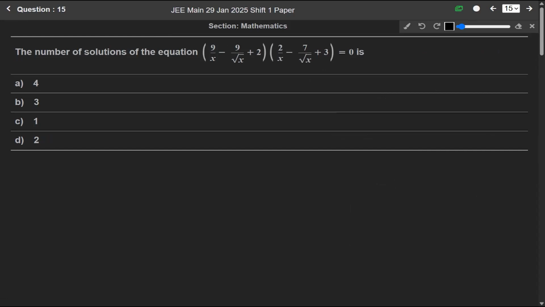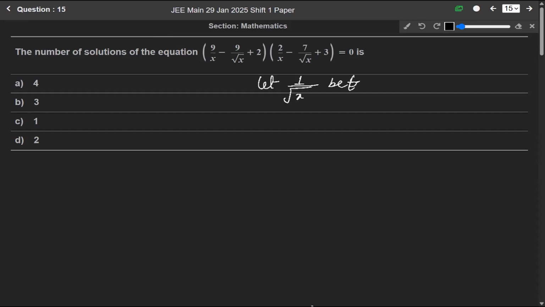Now, question 15. The number of solutions of the equation (9 over x minus 9 over root x plus 2) and (2 over x minus 7 over root x plus 3) is... So first of all, let us assume 1 over root x be t.